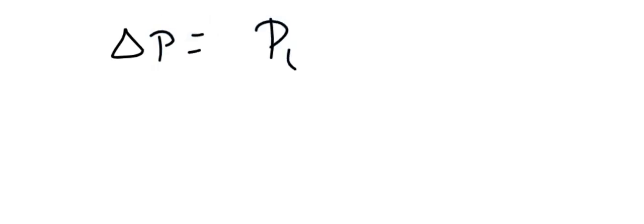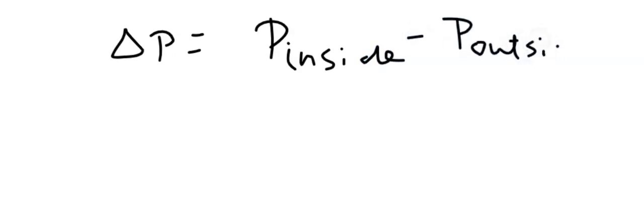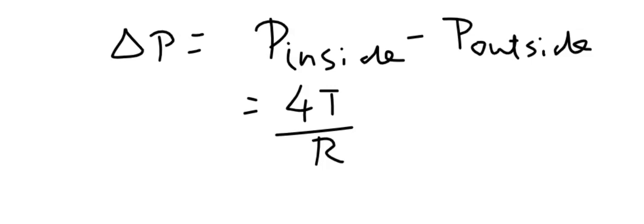Now excess pressure delta P is given by pressure inside minus pressure outside, which is equal to 4T by R, where T is the surface tension and R is the radius.